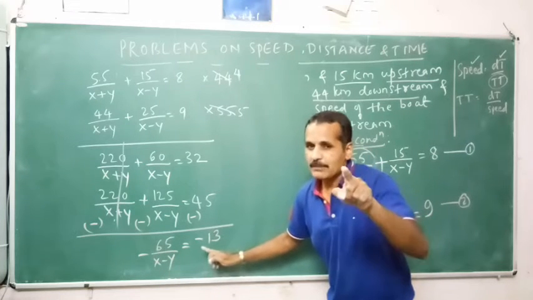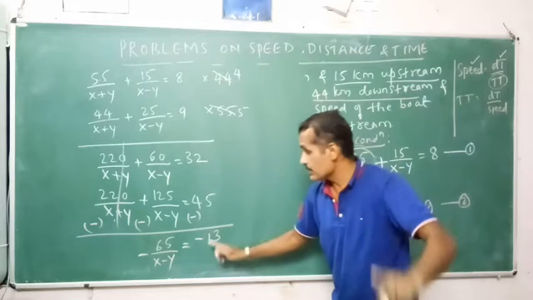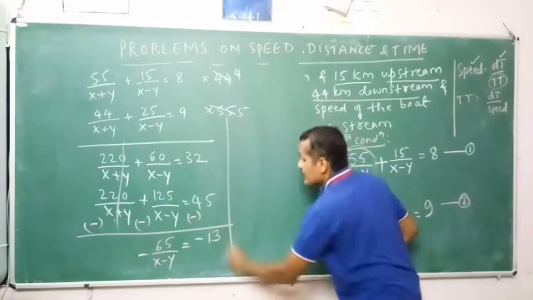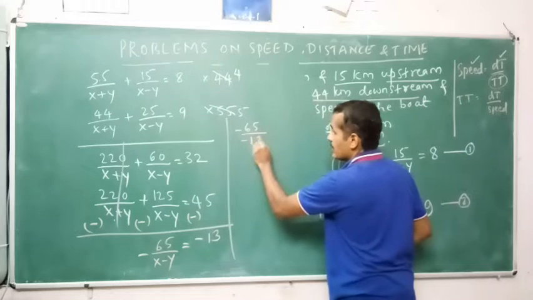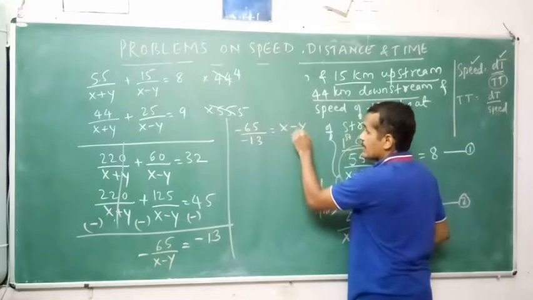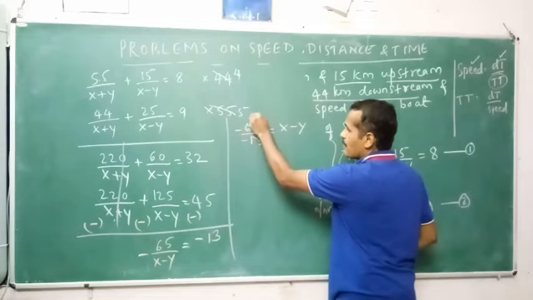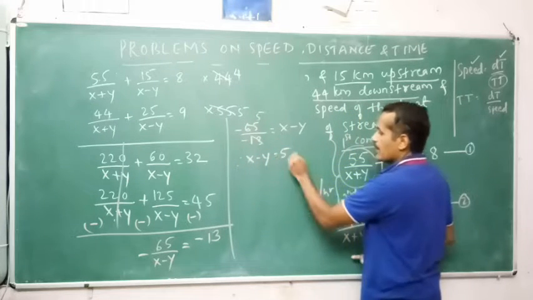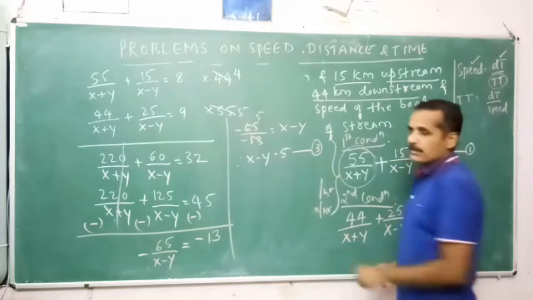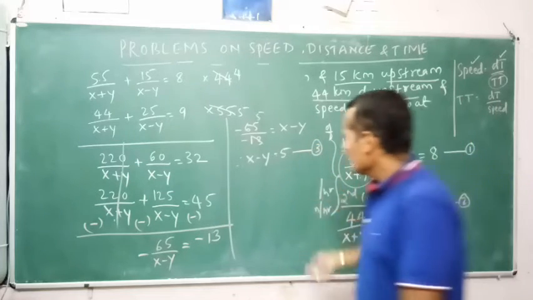Whenever there is a cross multiplication, sign never changes. I will write minus 65 divided by minus 13 is equal to x minus y. Minus gets cancelled, ones are, fives are, therefore x minus y is equal to 5. That is my equation number 3.